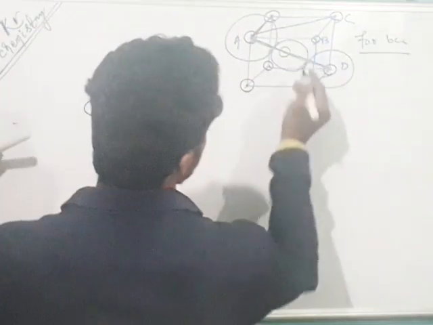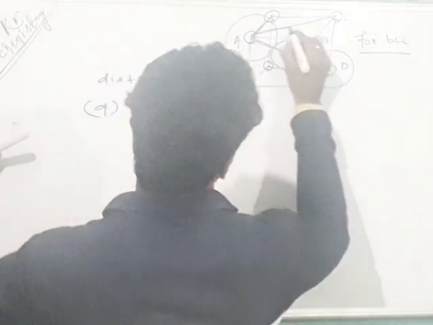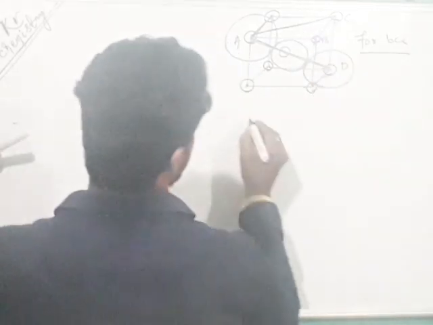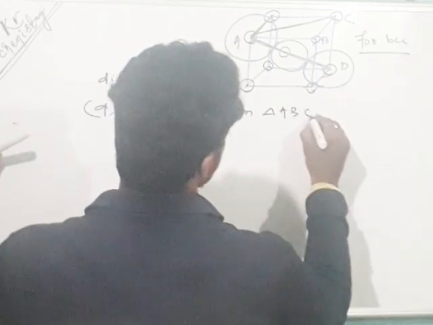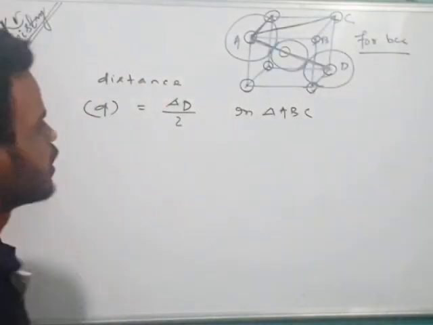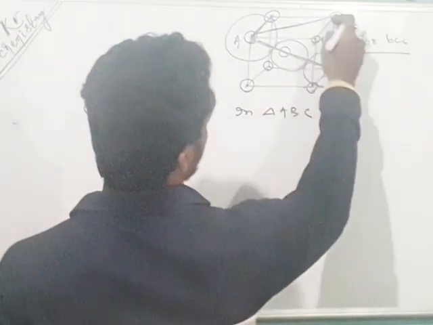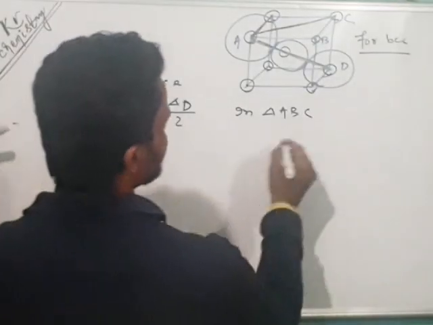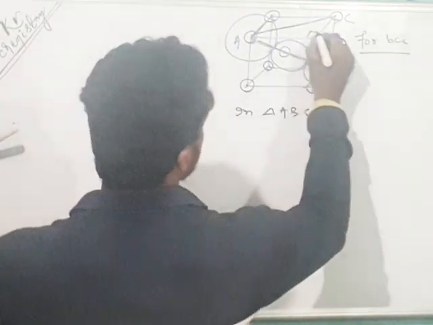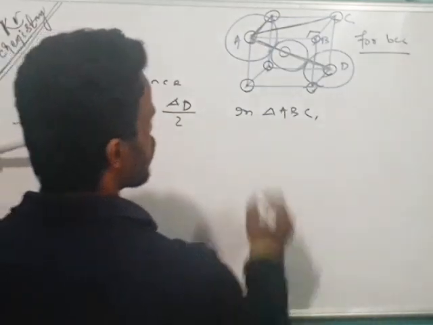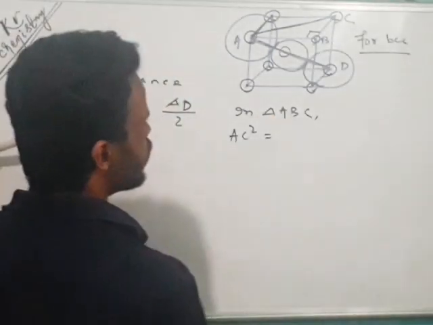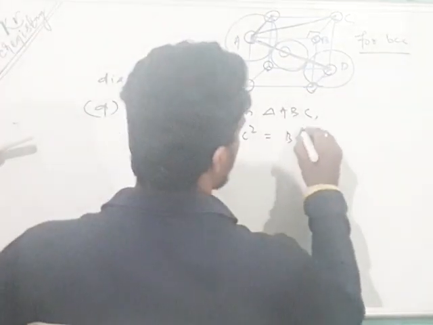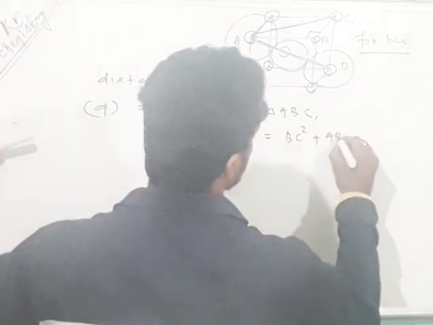See this diagram. In triangle ABC, this angle is 90 degrees. So AC square is equal to BC square plus AB square.